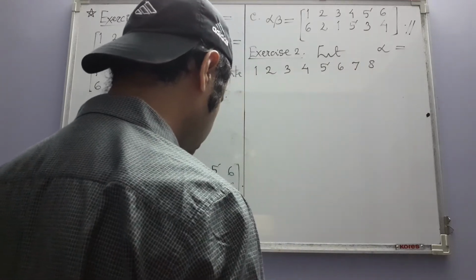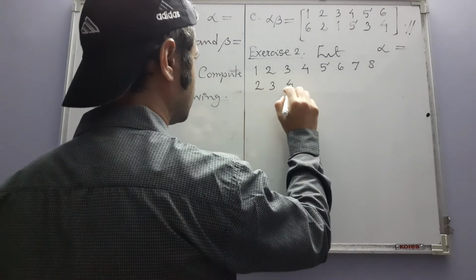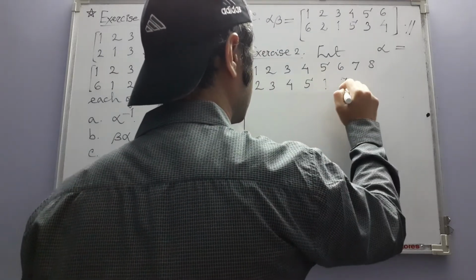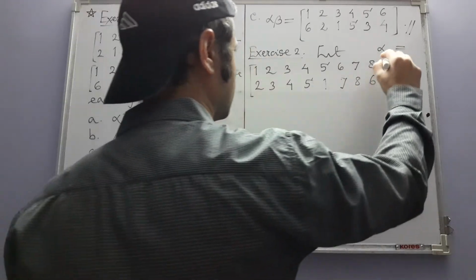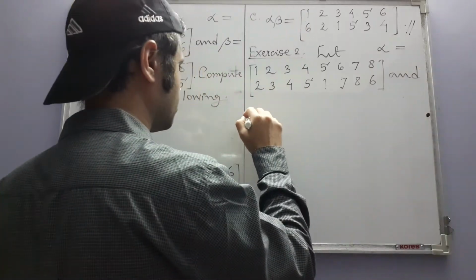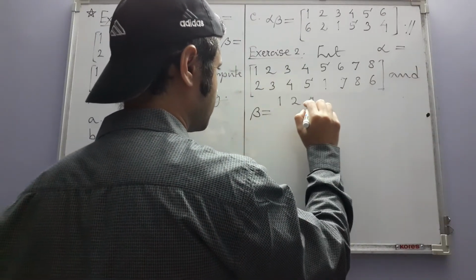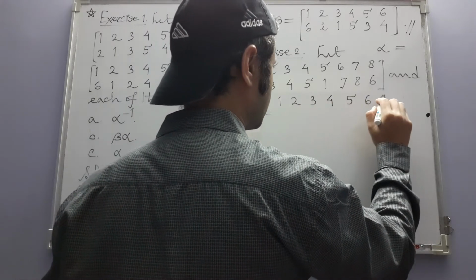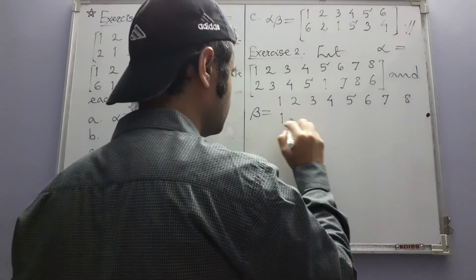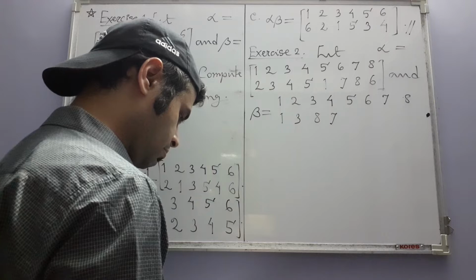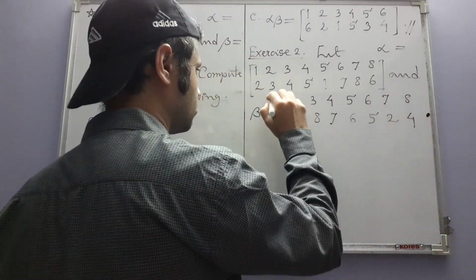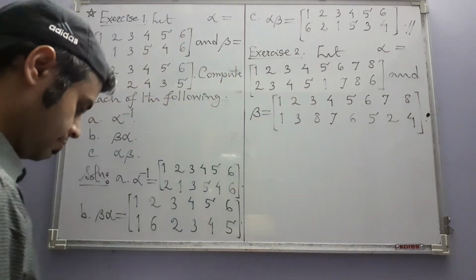And the second row is 2, 3, 4, 5, 1, 7, 8, 6. This is our alpha, and beta is 1 3 8 7 6 5 2 4.